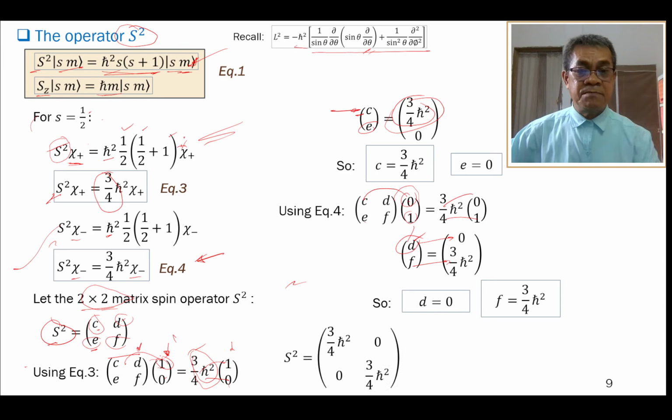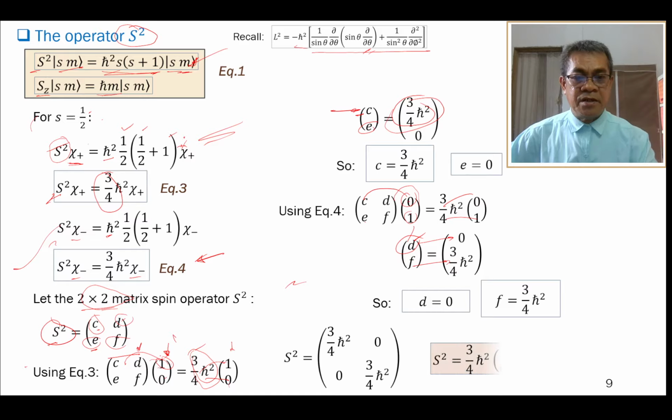So substitute those results. Then, of course, we can reduce this matrix by factoring, right? We can take the common factor of this. In linear algebra, it is equivalent to S squared is 3/4 h bar squared, and we have this 2 by 2 matrix: 1, 0, 0, 1.